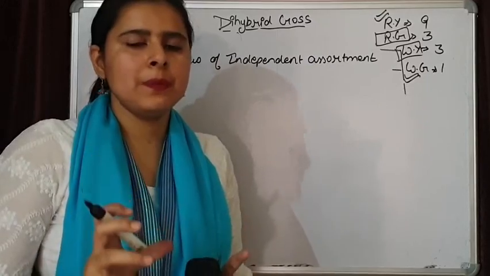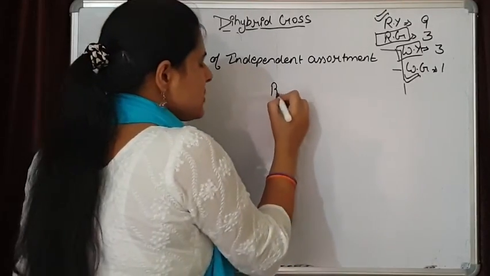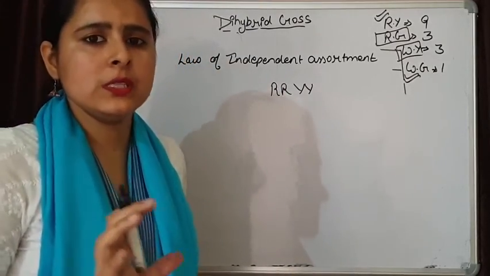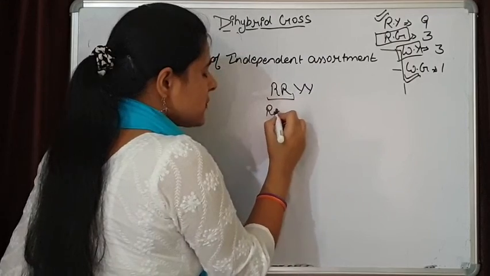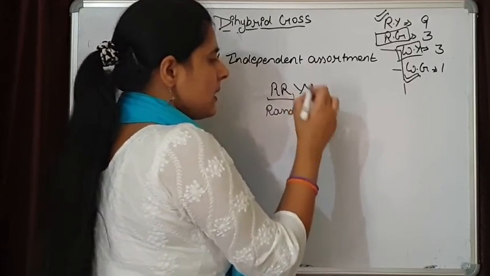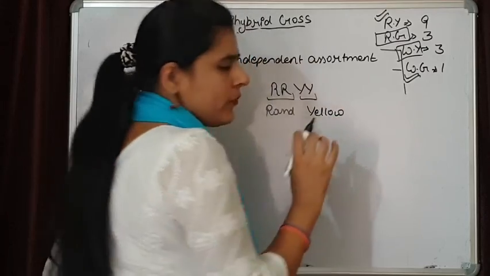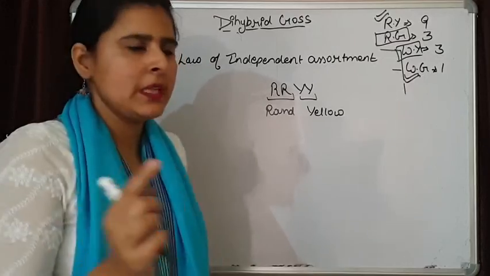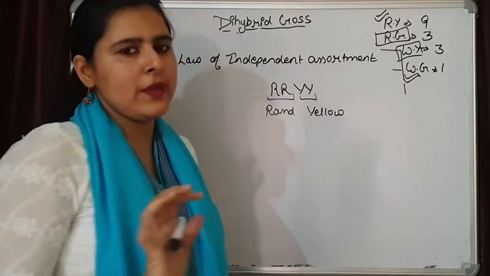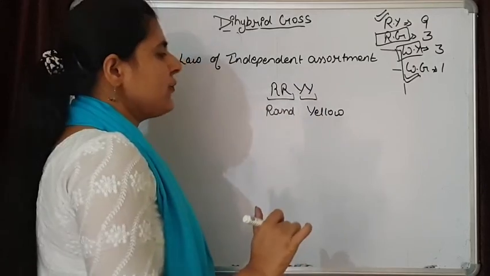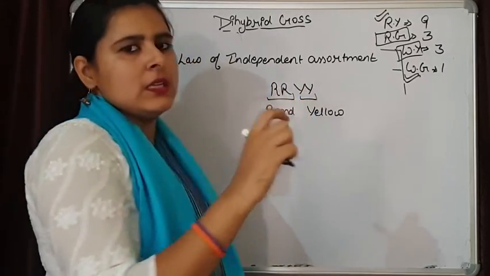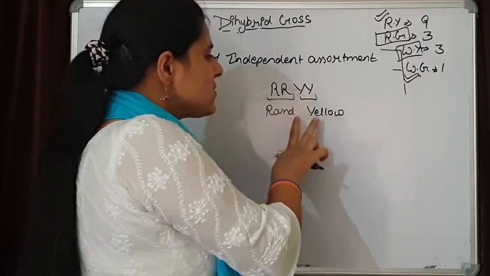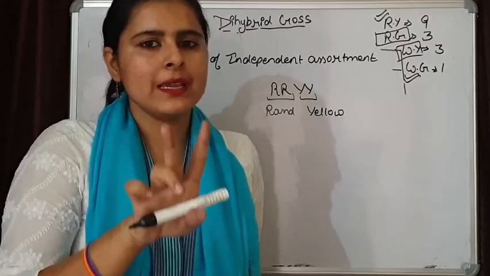Independent assortment is simply saying that, suppose this is the situation. We are taking 2 characters at the same time. This is one character that is responsible for round seeds, and this is another character that is the yellow color of cotyledon. Both these are controlled by different factors. This is controlled by factor R, this is controlled by factor Y. During gamete formation, these factors, or I can use the word genes, 2 genes are here, and these 2 genes are controlling 2 different characters.